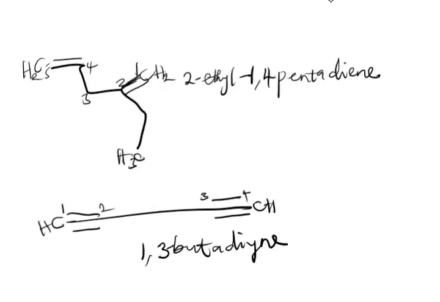So let's consider the 4th rule, the next and the last rule, which is this. If both double and triple bonds are present in the same molecule, the ANE of the saturated analog is replaced by ENYNE.